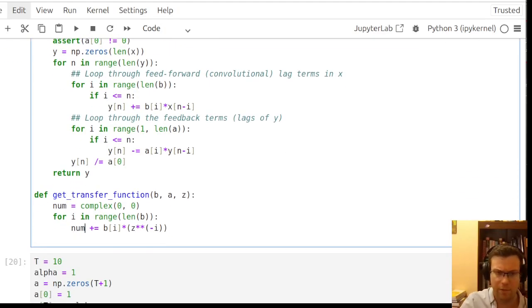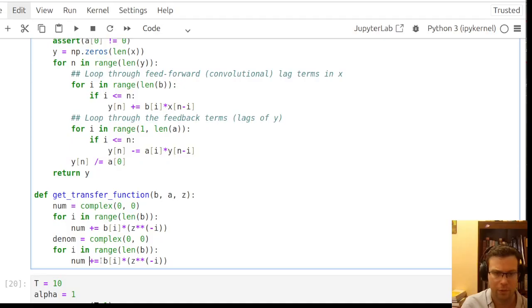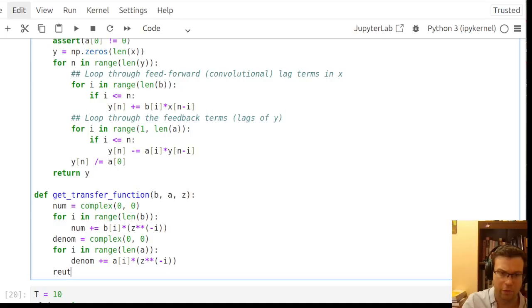And then I'll make the denominator in much the same way, except I'll be using the a terms here. So this will be the denominator plus equals, so I'll go through the a's, and I'll say this is a of i times z to the negative i. And then finally, I'm just going to return the numerator over the denominator.